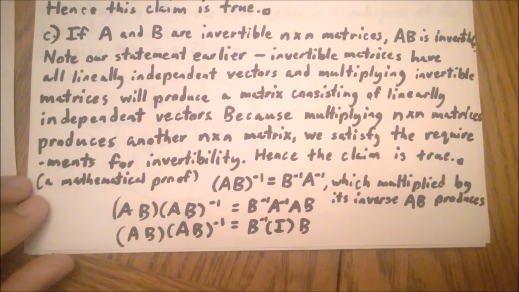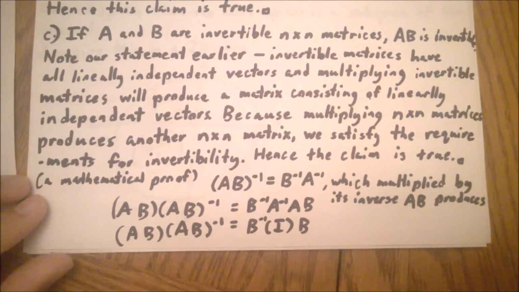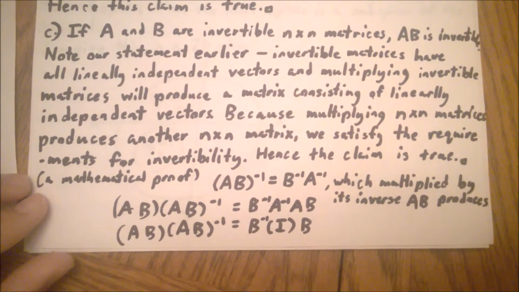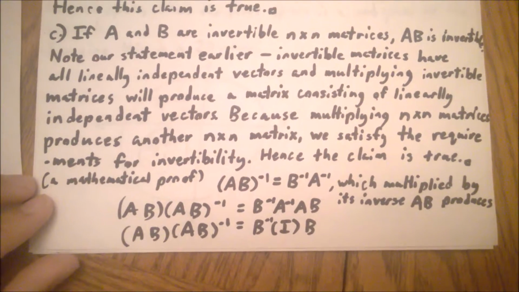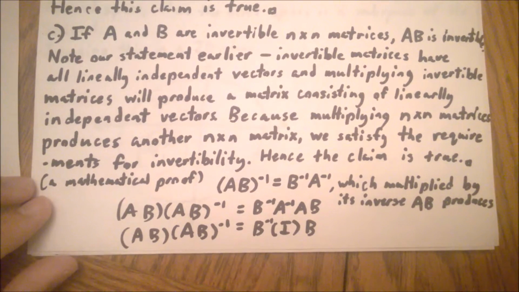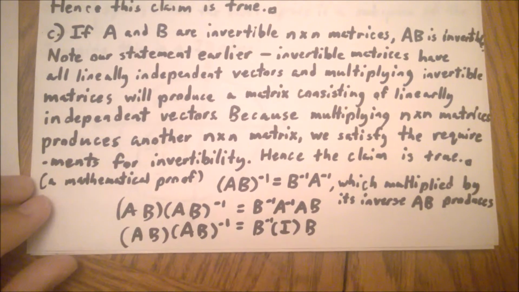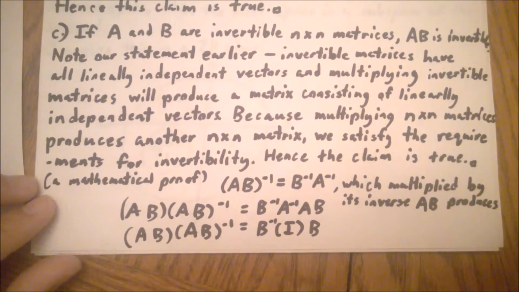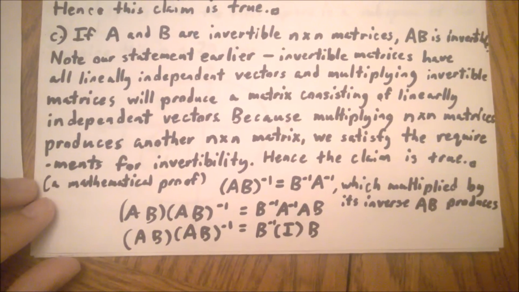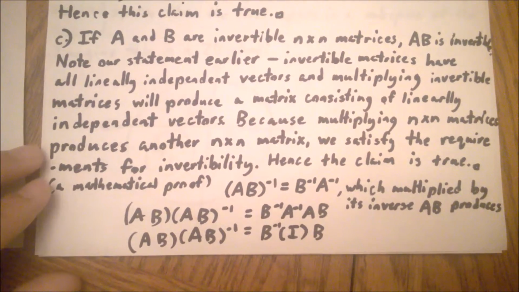Note, however, here that we can also go ahead and rearrange B inverse times A inverse to be multiplied by AB. And if you were to do that, you end up with the identity matrix in the middle.